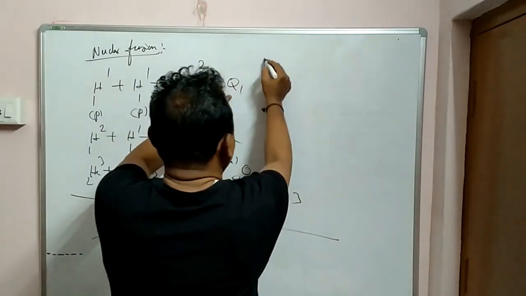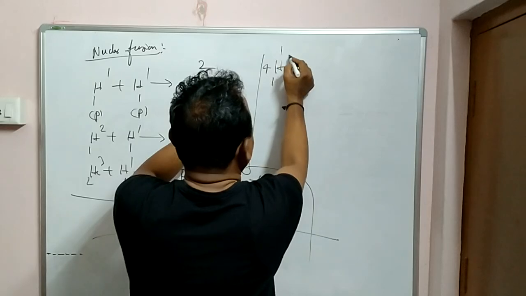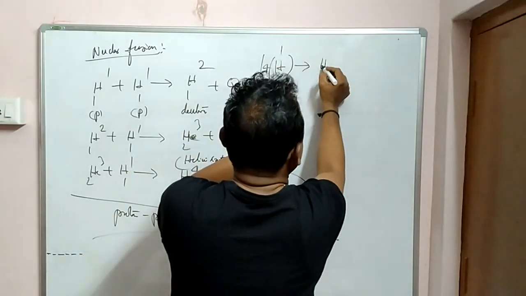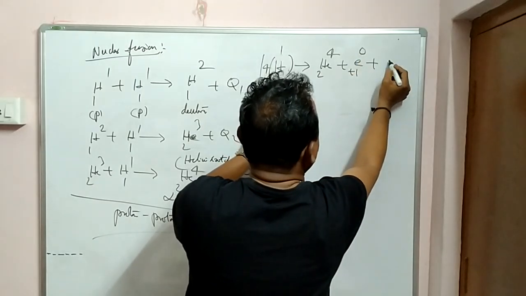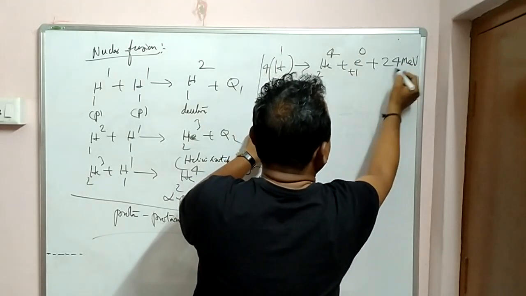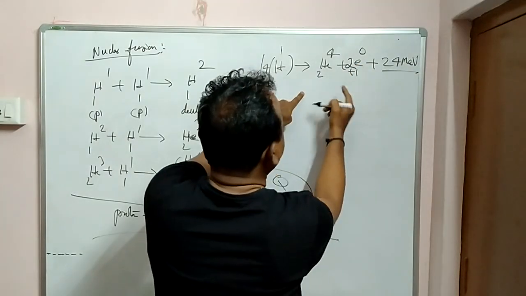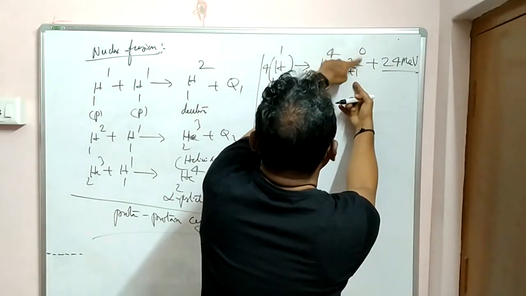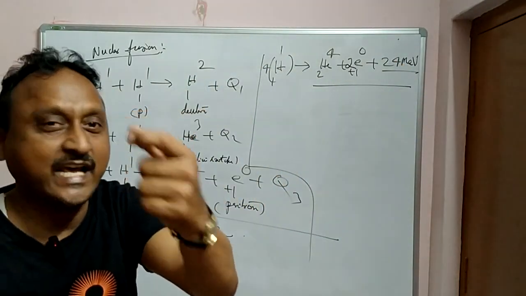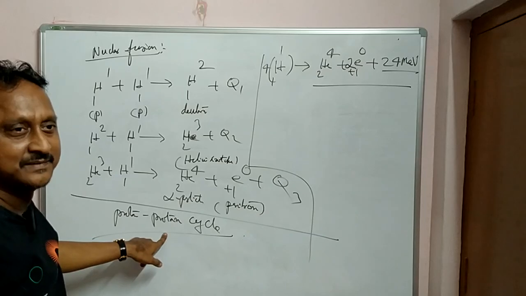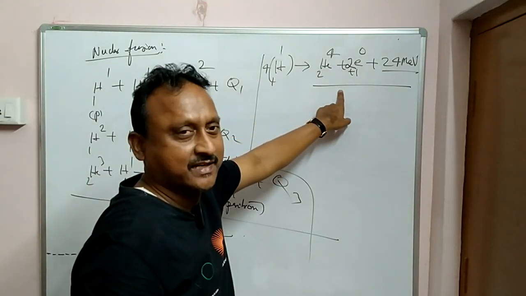This entire three can be represented as a single equation like this. 4 times proton, hydrogen, gives rise to He 2 4 plus e 1 0 positron plus 24 MeV energy. Let us balance the equation once. 2 times, see, 2 plus 2 is 4, 4 plus 0 is 4. So this equation is balanced. This is the single equation for all these three proton-proton cycle. Instead of writing all these three, you can express this single equation.